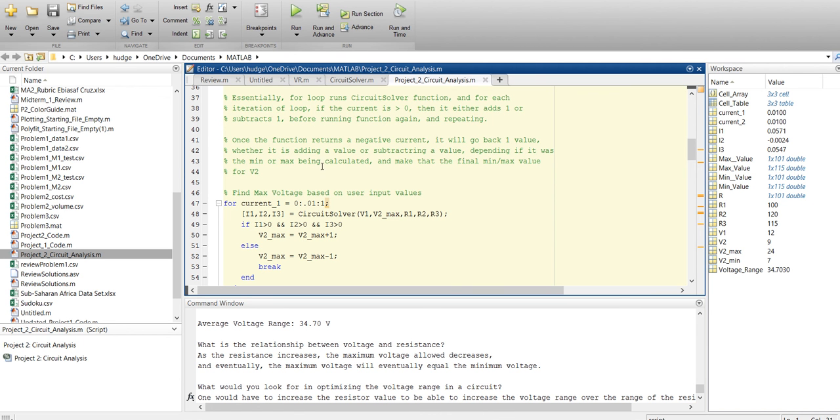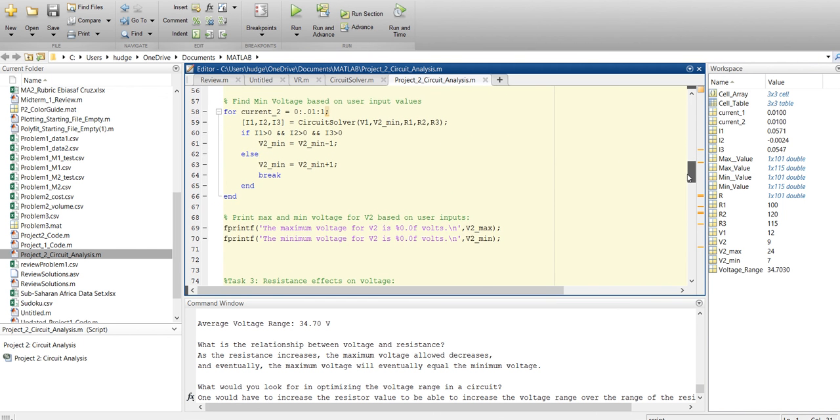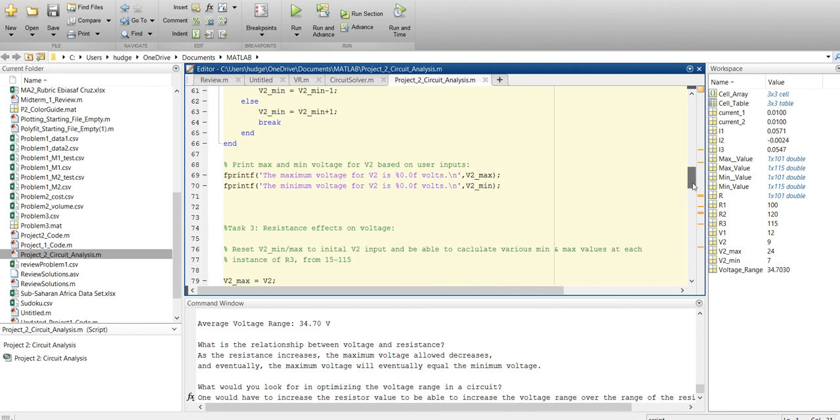And then once the function returns a negative current, that's when we will go back to the previous value and store that to be the min and the max. That will be the max, and then when we calculate the min, it's just reversed. And then we're going to output it using the fprintf command. We'll output the maximum and minimum voltage.